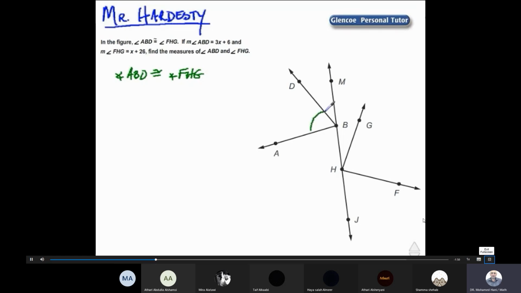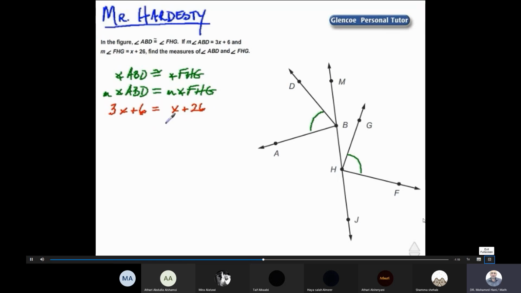Here's ABD and here's FHG. We know by the definition of congruency that their measures are then equal. If angles are congruent, then the measures must be equal. We've been given 3x plus 6 for ABD, so we'll substitute that here, and x plus 26 for the measure of angle FHG. We'll substitute that here.